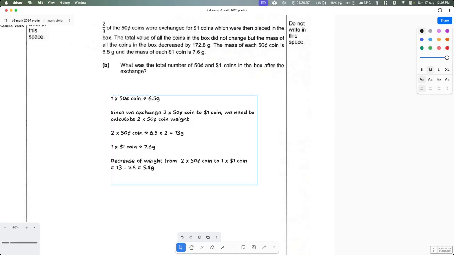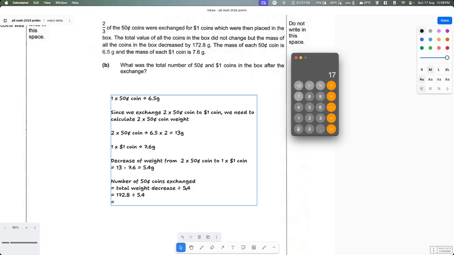So that means the number of 50-cent coins exchanged is equal to the total weight decrease divided by this 5.4, which is equal to 172.8 divided by 5.4.